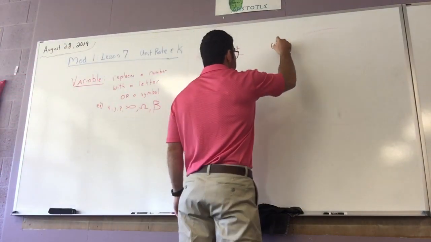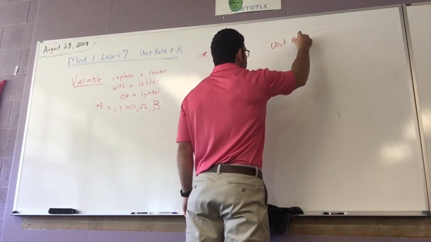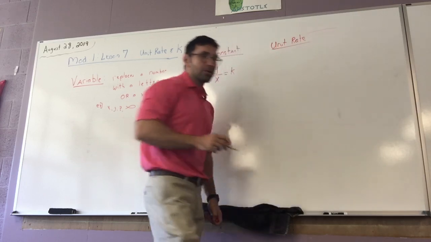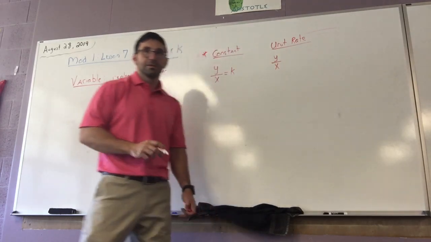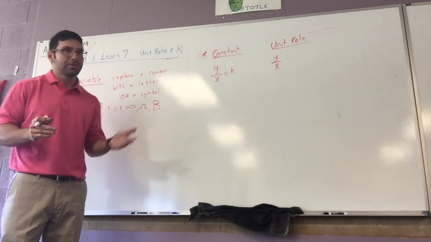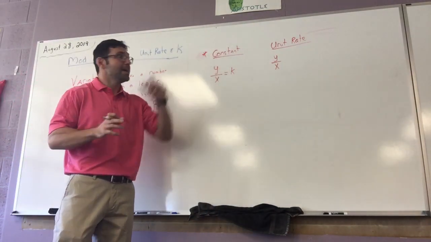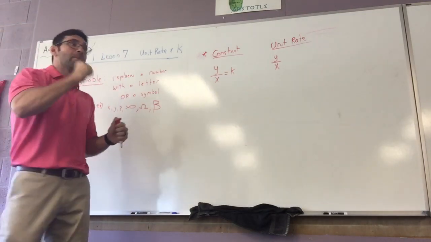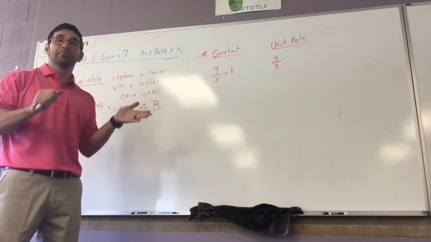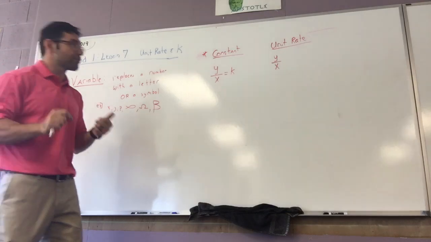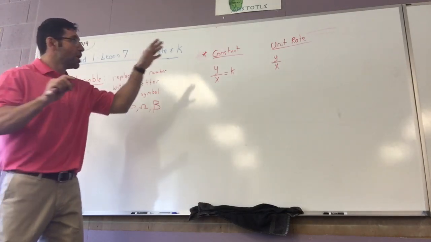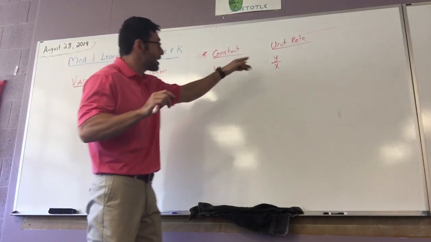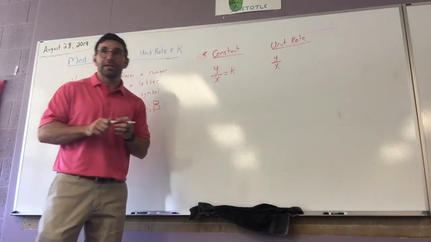Well, unit rate is found the same way. Y divided by X. Okay, I am telling you that the constant, which is K, and unit rate are almost the same thing. The number will stay the same, whether it's a fraction, whether it's a decimal, whether it's a whole number, whether it's an integer.